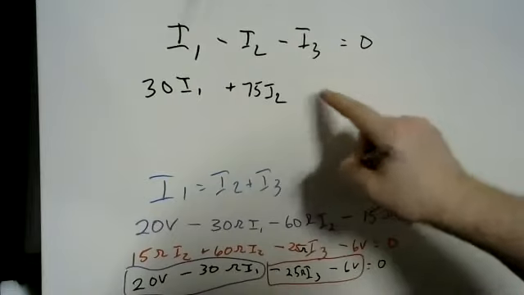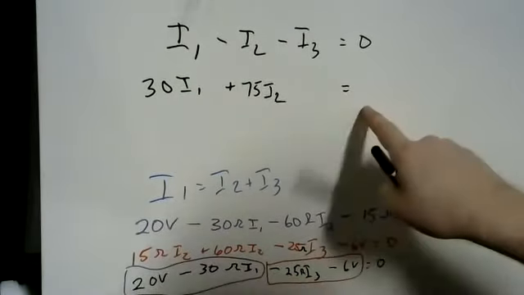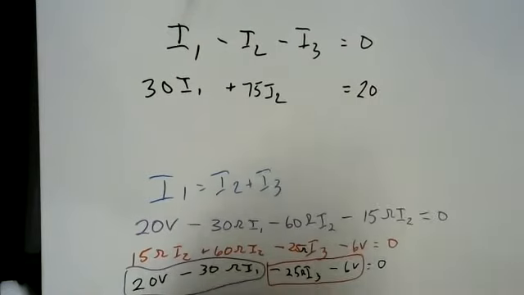We'll have no I3. And so we're going to subtract 20 over. So all these should be negative, and 20 should be negative. And so those negatives cancel out. So it's just keeping track of things, right? There are negatives in here, and then we cancel them all out. Right? That's where they went.